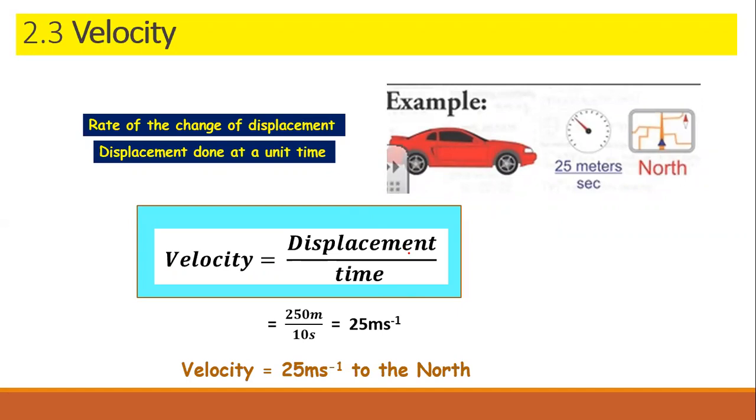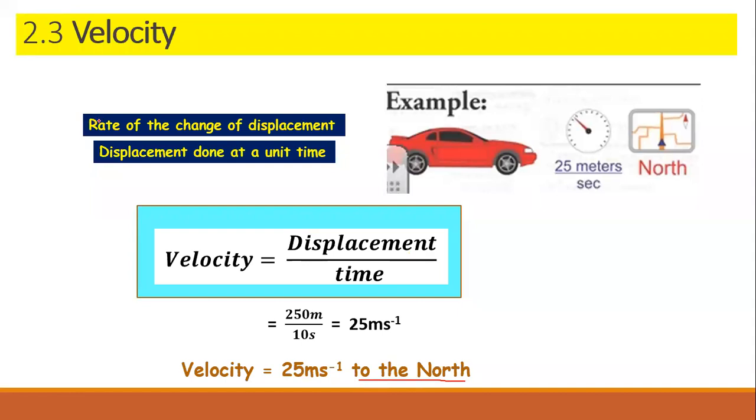We have to consider only the direction. There may be a particular magnitude, and we have to divide by the total time we have spent to traverse that displacement, and we will get our answer, that is the magnitude of the velocity, and together with that we have to mention what the direction is.